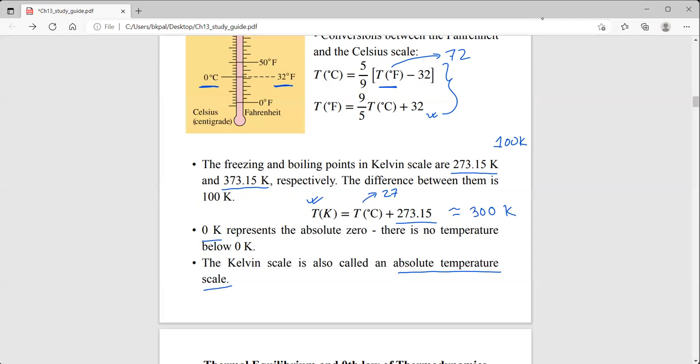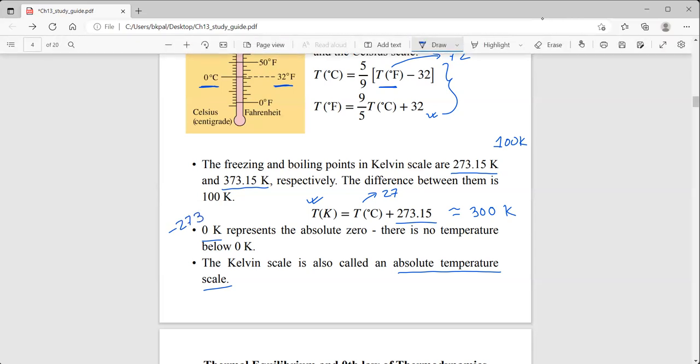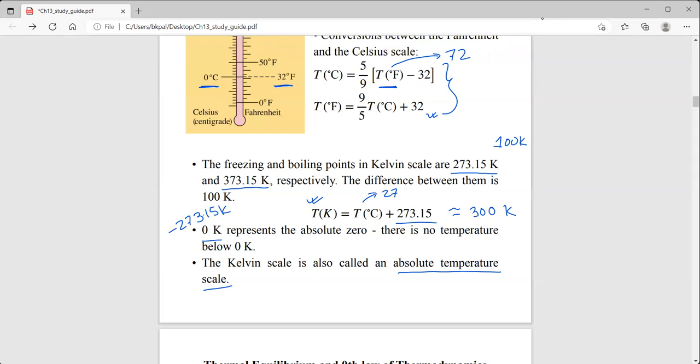In degree Celsius scale it is negative 273.15. Okay, this is the lowest possible temperature we can have. Okay, but there is no upper limit of temperature. The highest temperature could be anything, trillion degree Celsius or trillion Kelvin, okay, or even more. Okay.